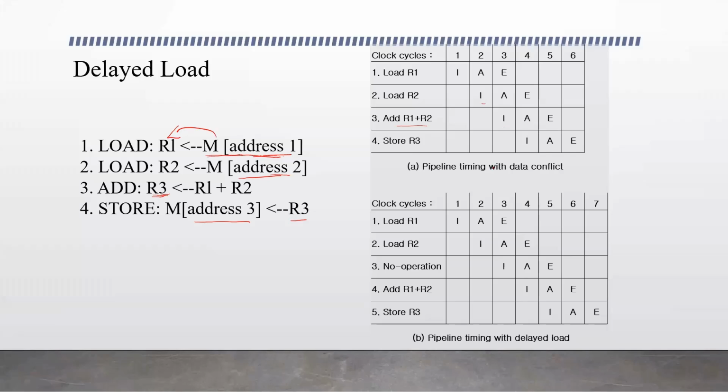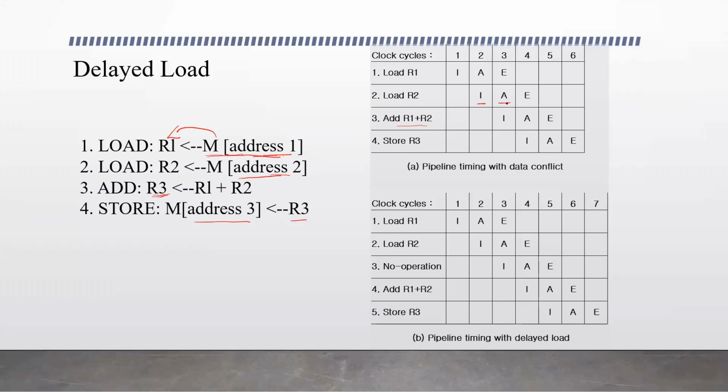And here there is a data conflict. If you observe the second instruction, Load R2: the first phase, instruction fetch, loads the instruction into IR, the instruction register. The second sub-operation decodes the instruction, so in the A phase it is understood that it is a load operation.